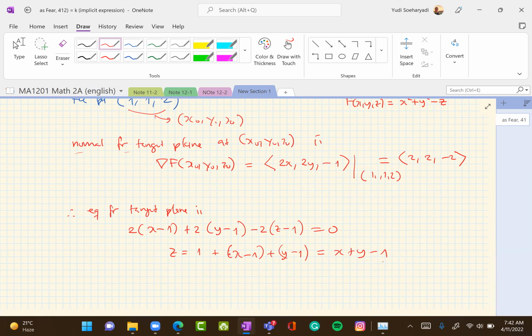Then that's the equation for the tangent plane. Questions? All right, that's the easy part.